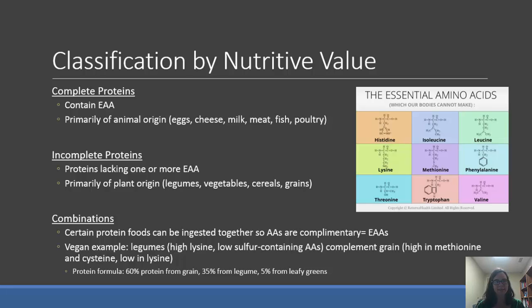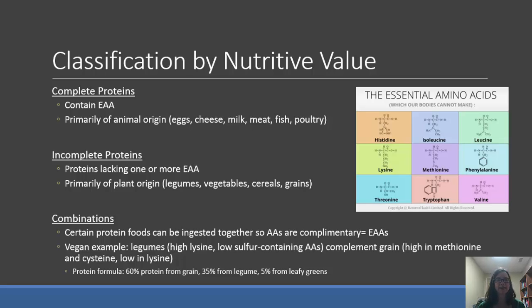So a complete protein would contain all of the essential amino acids, and these are shown here. Foods that are complete proteins are typically of animal origin. So we have our eggs, cheese, meat, milk, fish, and poultry. Incomplete proteins are foods that do have some essential amino acids, but don't have all of them. And these are foods that are primarily of plant origin, such as legumes and vegetables and grains.